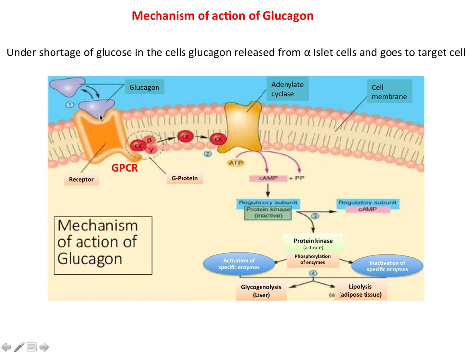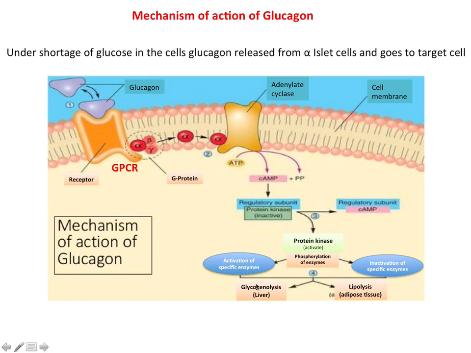Once glucagon binds to its receptor, it activates it. After activation, it further activates adenyl cyclase, which converts ATP into cyclic AMP. This cyclic AMP acts as a secondary messenger. It activates various protein kinases, and after protein kinases get activated, they phosphorylate various enzymes. They can activate or inactivate specific enzymes.